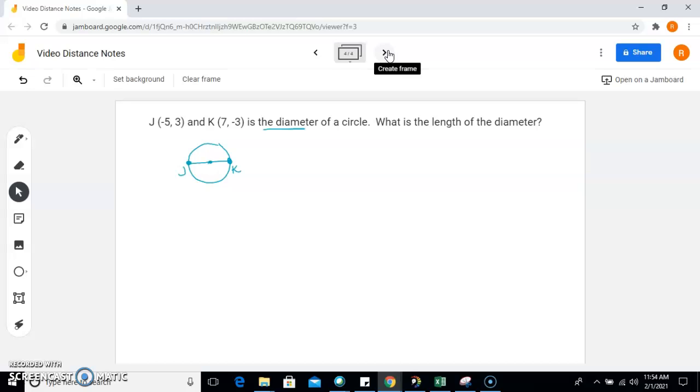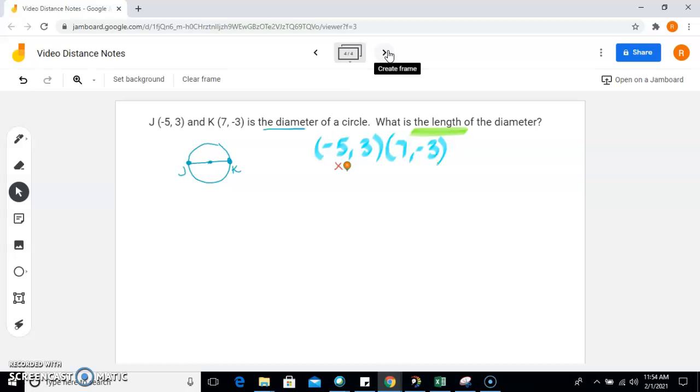In the very first slide, we talked about length of a line segment referring to the distance formula. So if they want the length of the diameter, we need to use the distance to find out how far apart J and K are. So I have my points, -5, 3, and 7, -3.